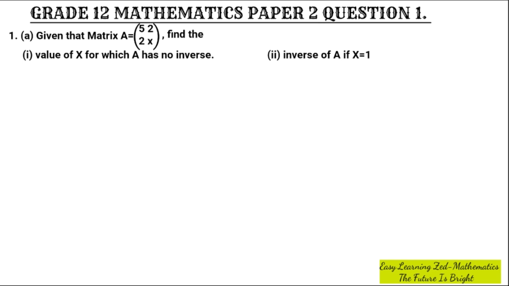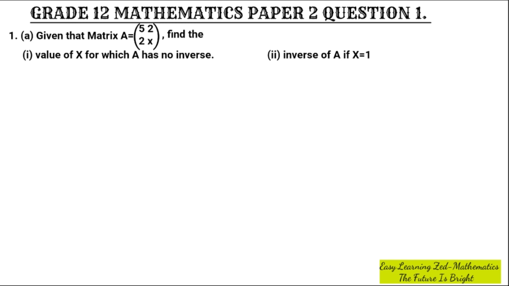As you have watched in our previous videos, we have been using the formula for finding a determinant to find the value of an element that is not given in a matrix. So when a determinant of a given matrix is 0, that means the matrix has no inverse. That's what you should bear in mind.